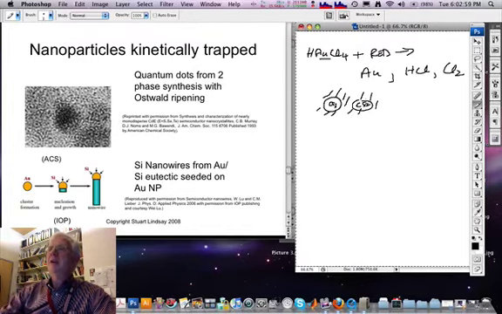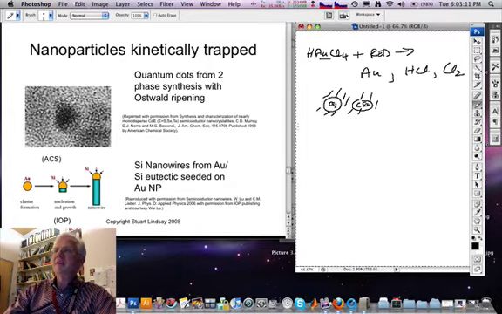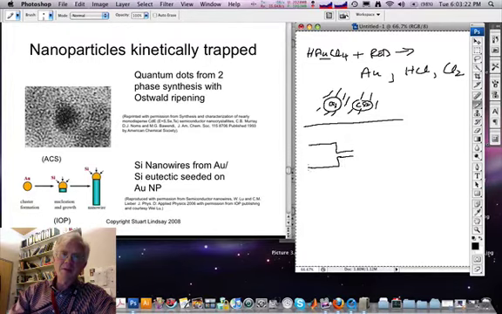The picture here is of a quantum dot of cadmium telluride, or cadmium selenide, and this is made by a different method in which a syringe containing one of the ions in the final solid, let's say cadmium, and it's of a cold solution, is injected into a hot solution of, let's say, selenium ions.